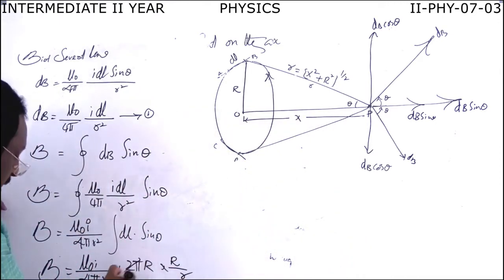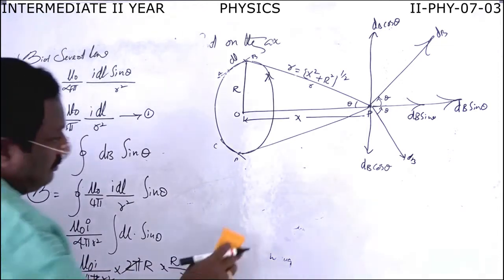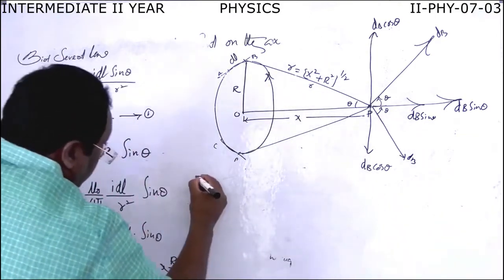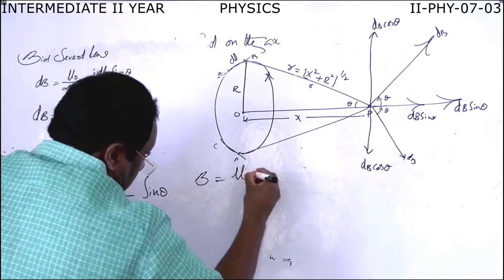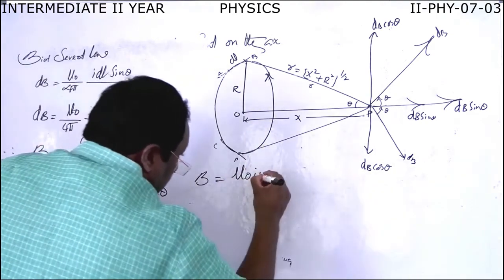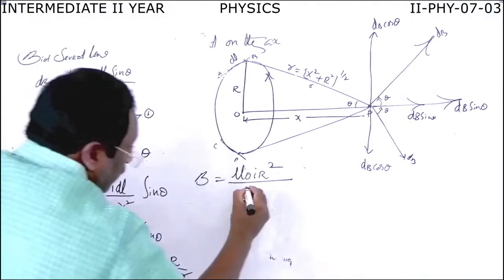Now here 2 pi times, so in the numerator we get mu naught I R square by 2 r cube. So B is equal to mu naught I R square in the numerator, whereas in the denominator 2 into r cube.